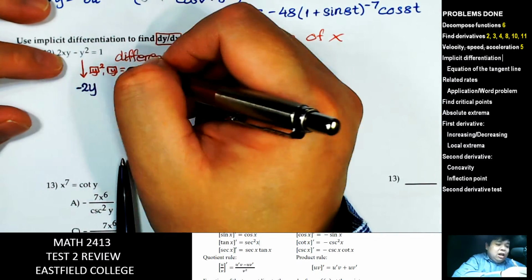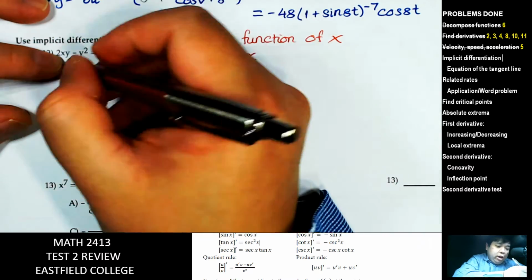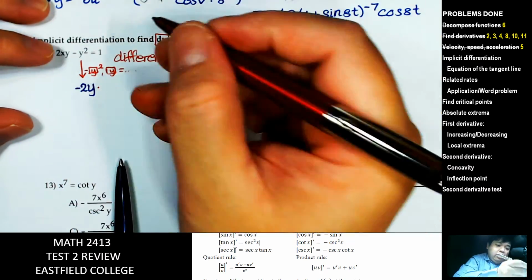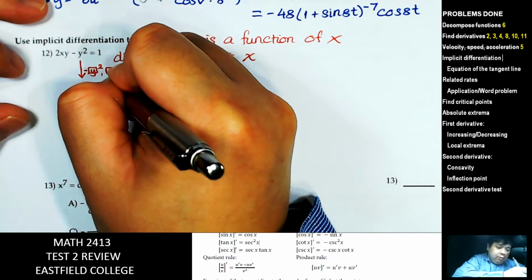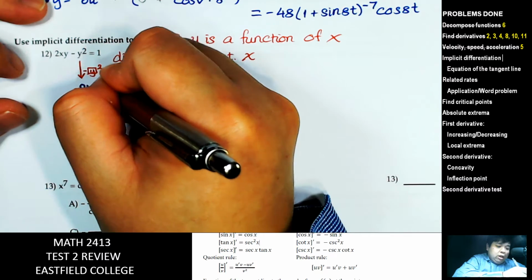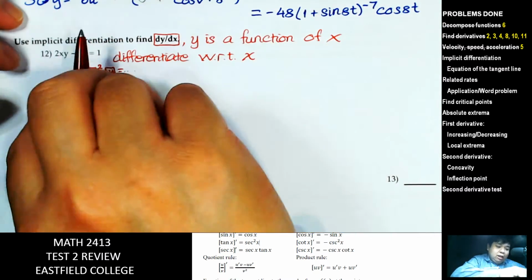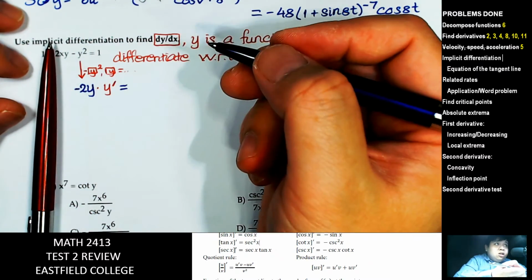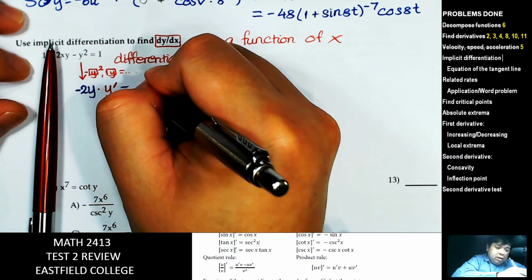So it is like the chain rule. So derivative of y square and then derivative of y. So we're going to have y prime. We can also write dy over dx. Right. Derivative of 1 on the other side, this is just a constant. 1 is a constant. Derivative of constant is 0.